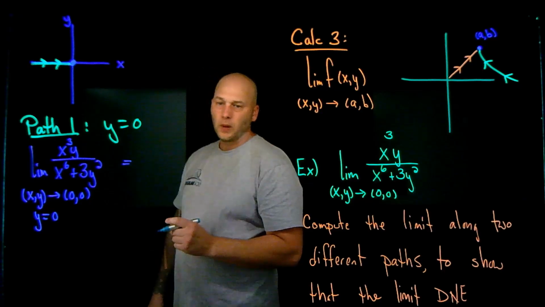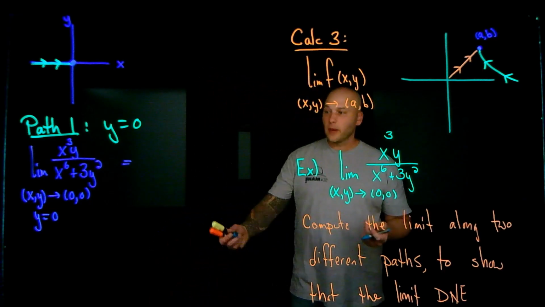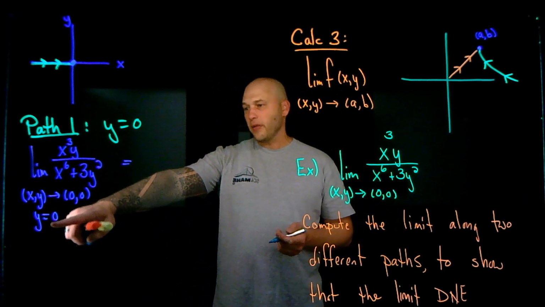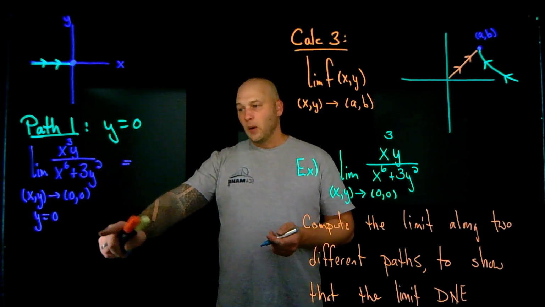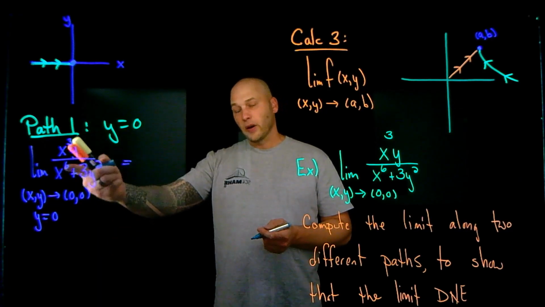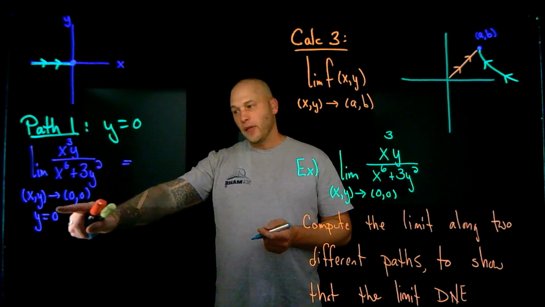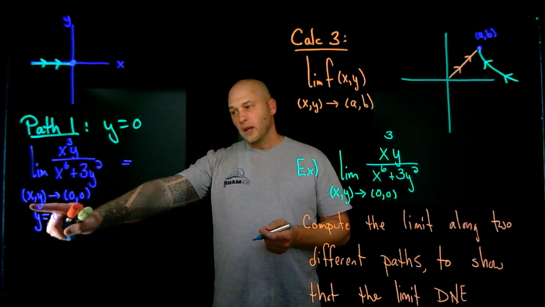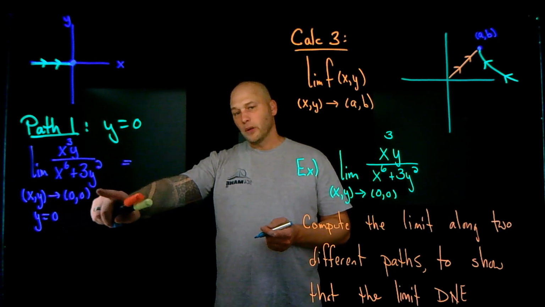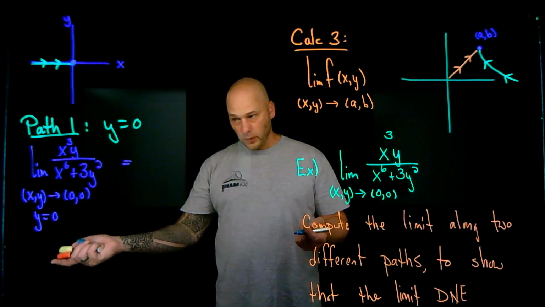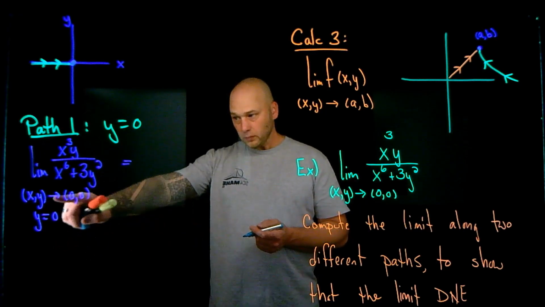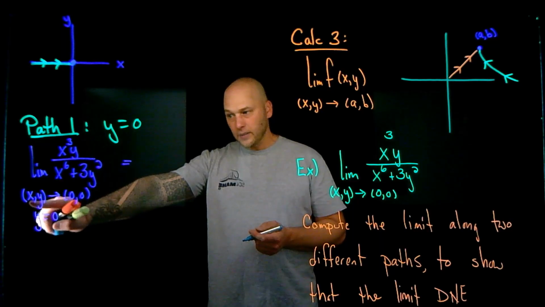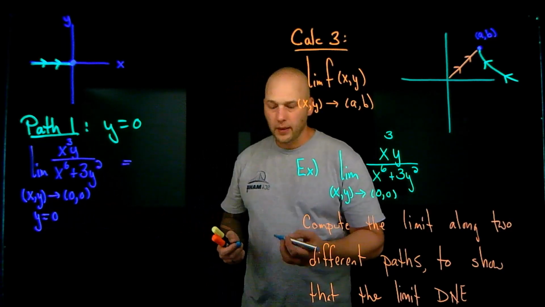Okay. Now the way I do this is I'm going to substitute the path into this expression, which is going to turn this into a single variable expression. Then I'm going to replace this multivariable notation here with a single variable notation because y is fixed at 0. And the only thing that I need is x approaches 0. So let's go ahead and plug that in.